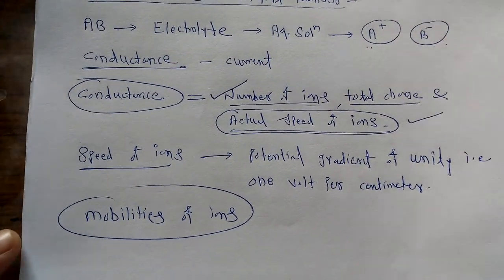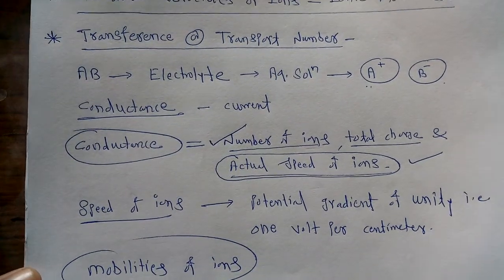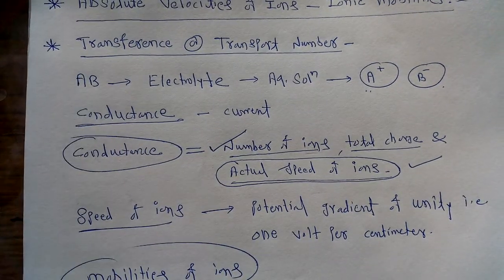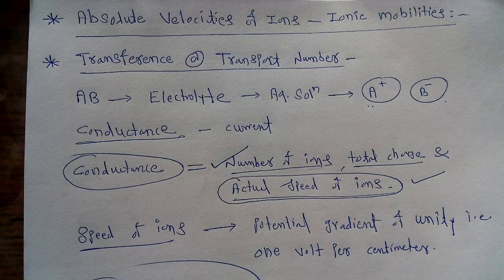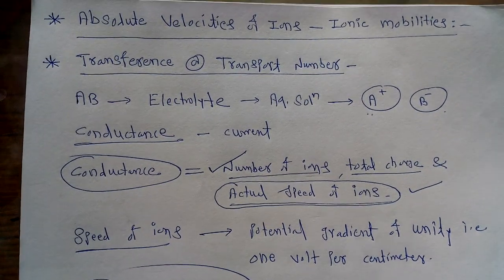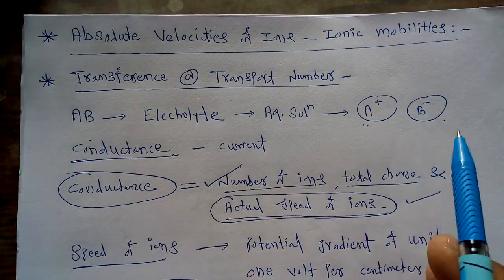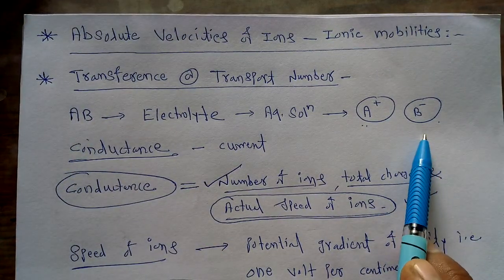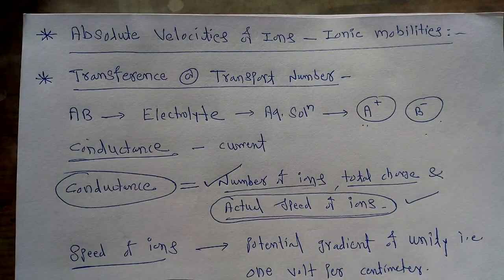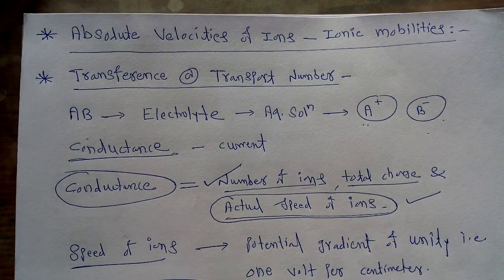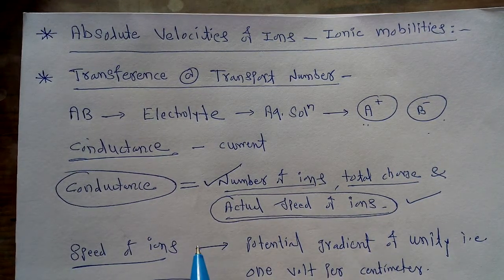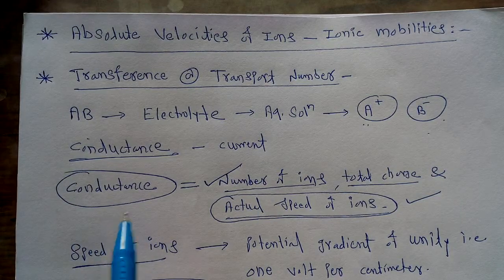So this is an introductory part regarding the current carrying capacity, or the conductance, shown by a particular electrolytic solution. For this purpose, we consider the general electrolyte AB, which gives cations and anions. Whenever we discuss the conductance of an electrolytic solution, it depends upon some factors.